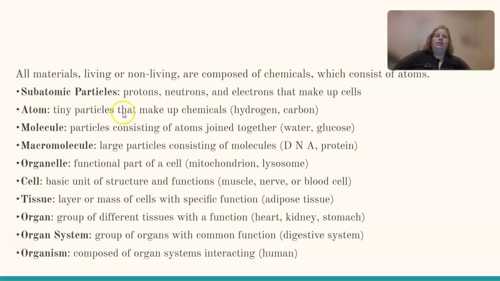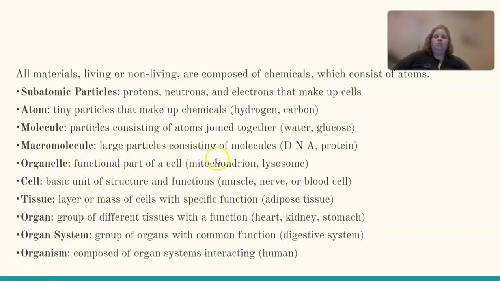An atom is a tiny particle that makes up chemicals like hydrogen and carbon. A molecule is particles that consist of atoms joined together, so like water or your sugars. A macromolecule is a large particle consisting of molecules. This is DNA or protein in the body.